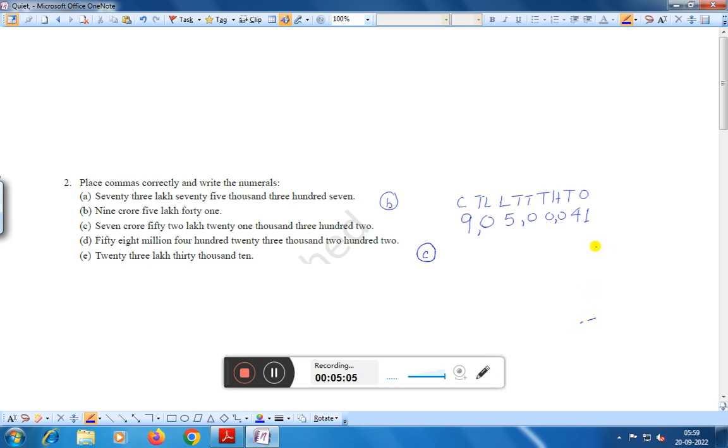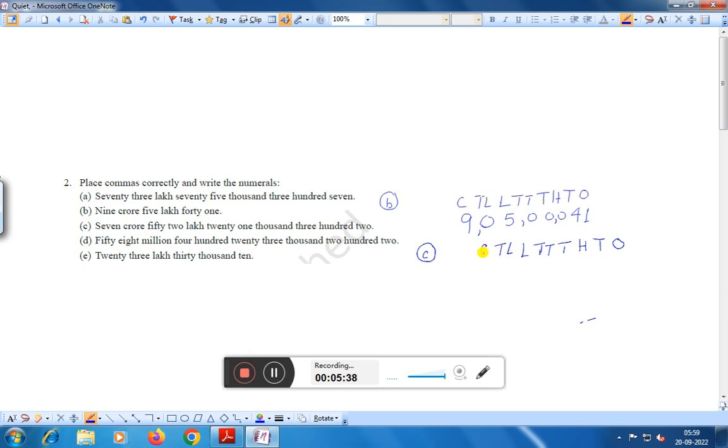Here you see ones, you have to write ones, then 10, 100, 1000, 10,000, lakh, 10 lakh, crore.